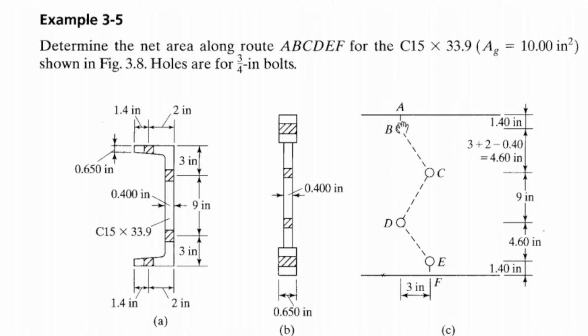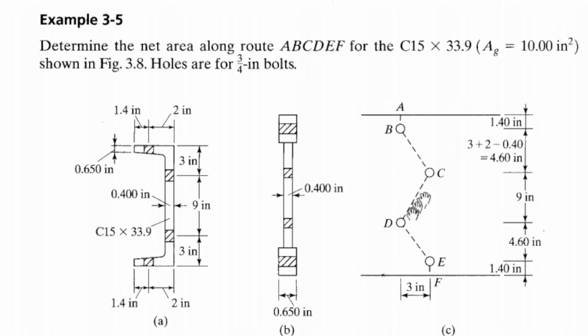A, B, D, G. So, a straight vertical line, one path. The next one, A, B, C, D, E, F. The third one, listen, A, B, C, D, and G. Take note of that.